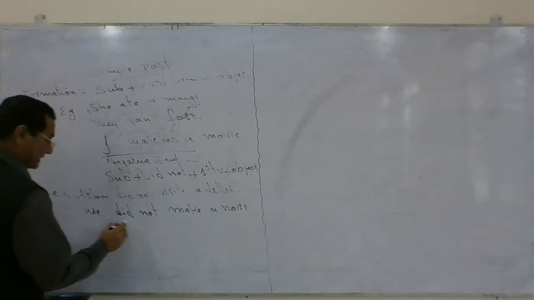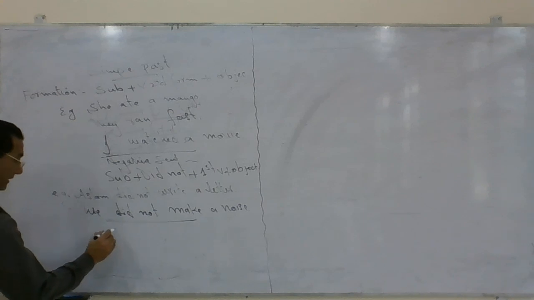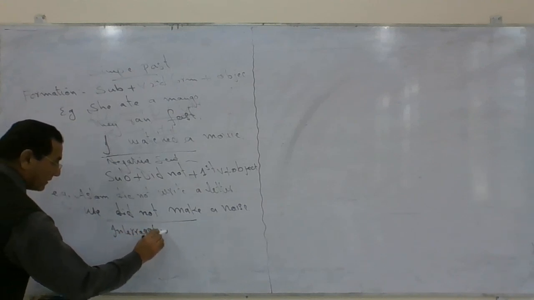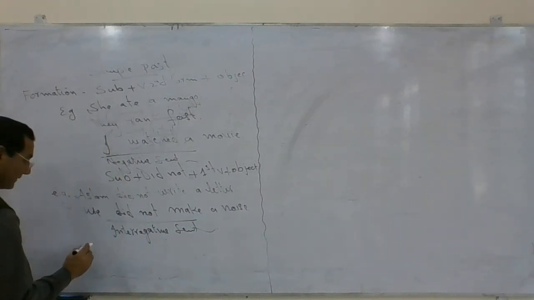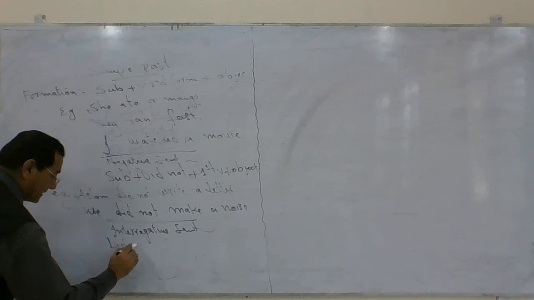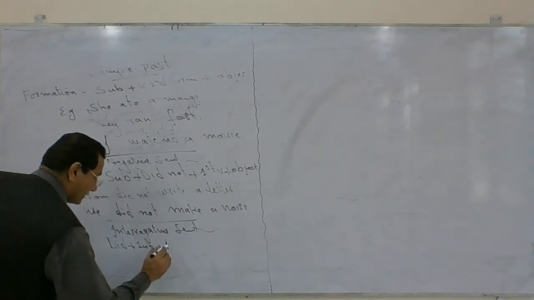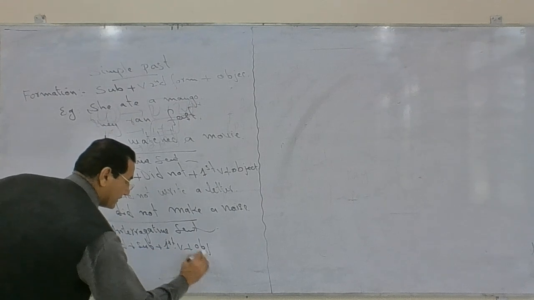For interrogative sentences, only this did will be brought to the beginning of the sentence. Did. Examples of interrogative sentences. The formation is: did, then subject, then the first form of the verb, and then object. This is the formation.